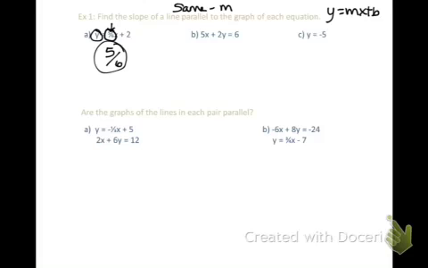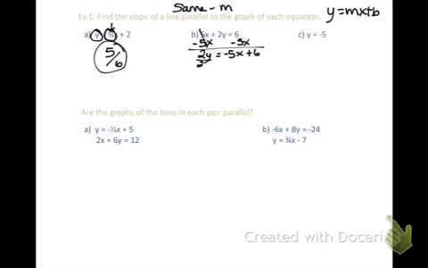Okay, B. Is y by itself? No, it is not, so I need to subtract 5x. This is kind of like what we did taking standard form and turning it back into slope-intercept form. So I'm going to subtract 5x from both sides. So it's going to be 2y equals negative 5x plus 6. Then I divide by 2.